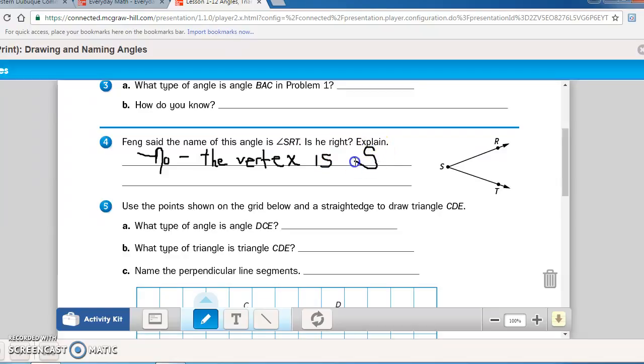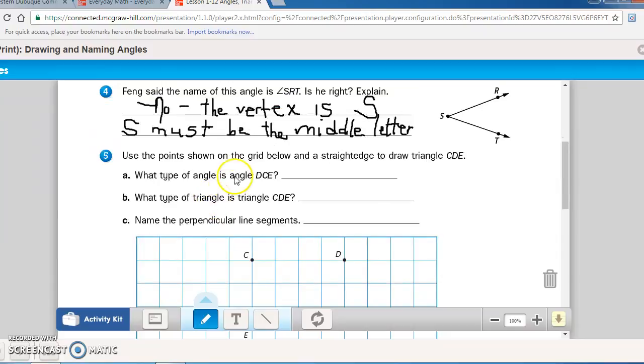Vertex is S. So S must be the middle letter in its name. Now you can put in its name. I'm just putting middle letter because I'm running out of room.